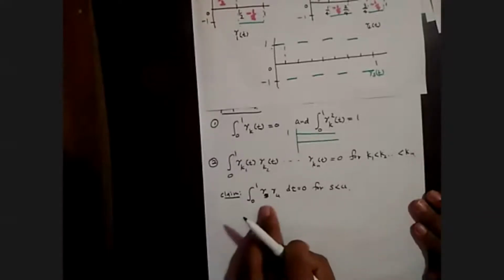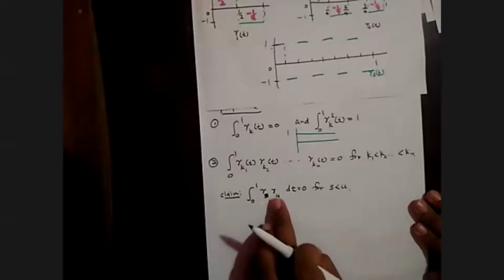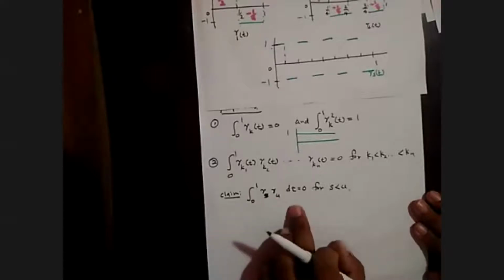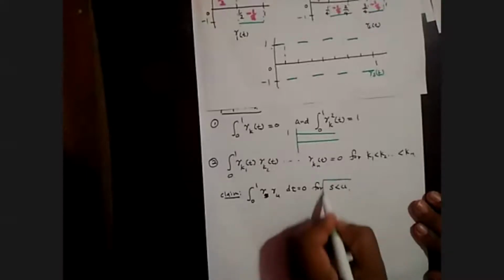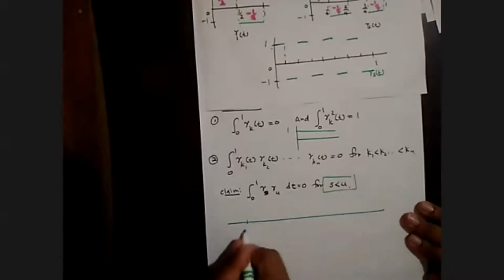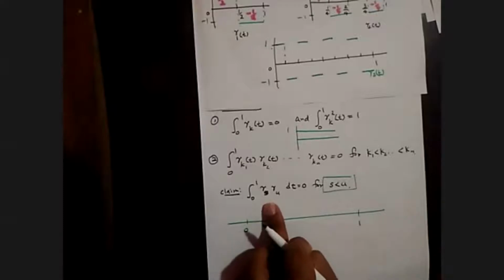Suppose I want to find the integral from 0 to 1 of r sub s times r sub u dt, where s is less than u. That's the important fact. Now, I will first draw the S level Rademacher function.